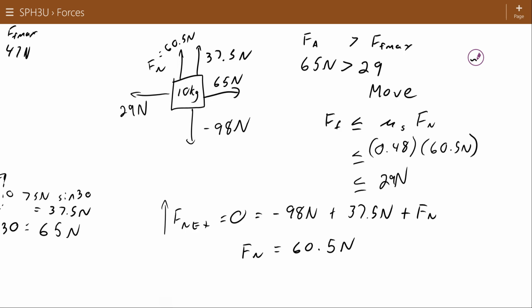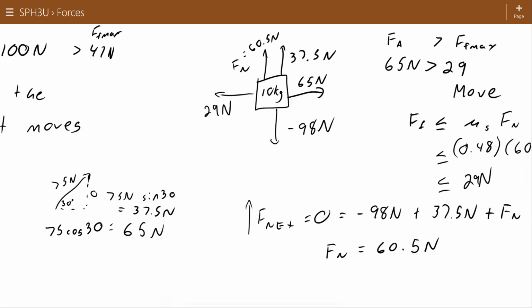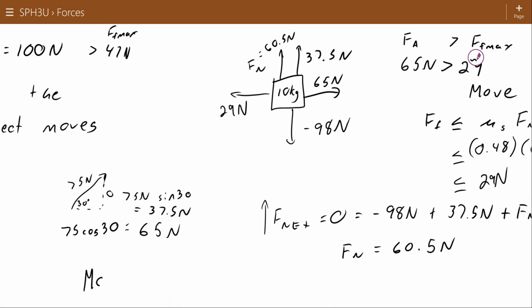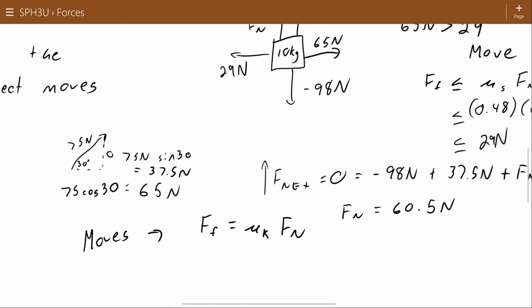Now you'll notice that in B and C, I avoided talking about the actual value of the frictional force. And the reason being is once the object moves, then we have to use a new formula. The force of friction becomes equal to the coefficient of kinetic friction times the normal force. And you'll notice in this problem, this μK was not given.